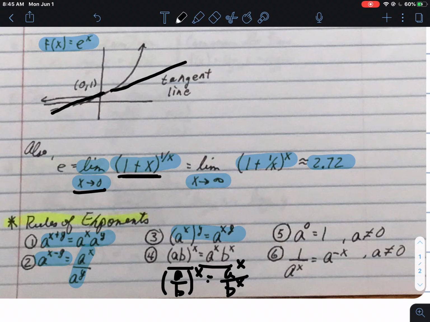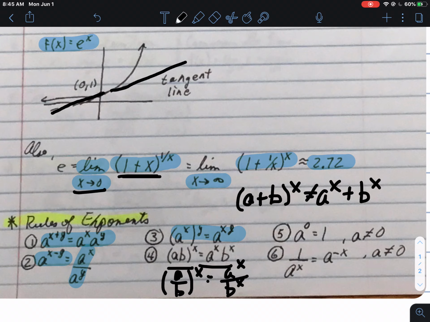Now, that's not true for addition and subtraction. I'm going to write this because I don't know how many times we say this and we forget. If I have a sum, let's say a plus b raised to the x power, right? This is not equal to a to the x plus b to the x. Right? So say just something as simple as a plus b squared.